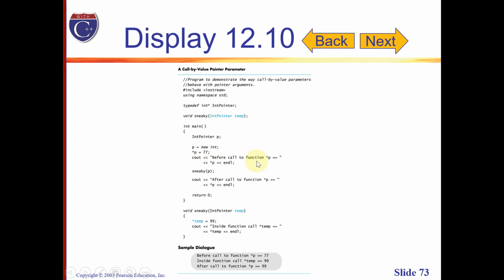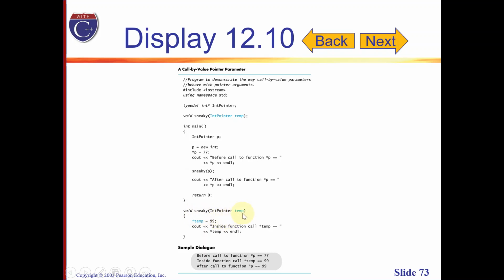Next, we call the function sneaky, passing p as an argument, and in this case, we are passing p as a call by value parameter. And if we take a look at the definition of the function sneaky, this is what happens.